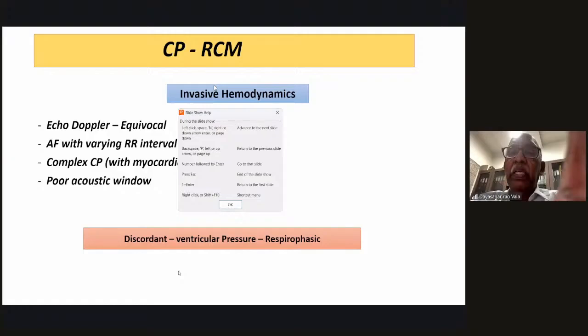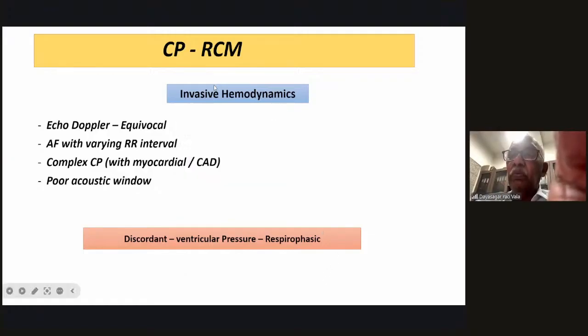Basically now, is there a role for invasive hemodynamics in 2025? That is the question. Probably there is still a role, because when the echo Doppler criteria are not fully met, or when the patient has atrial fibrillation with varying RR interval, the interpretation of the respiratory variations becomes very difficult.